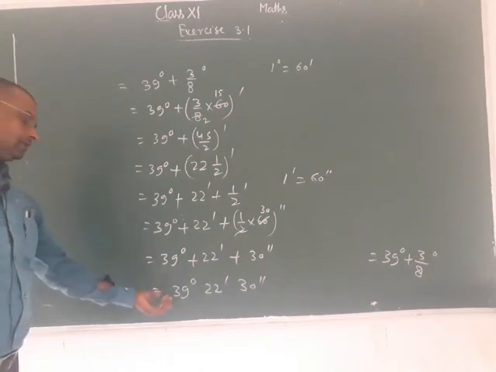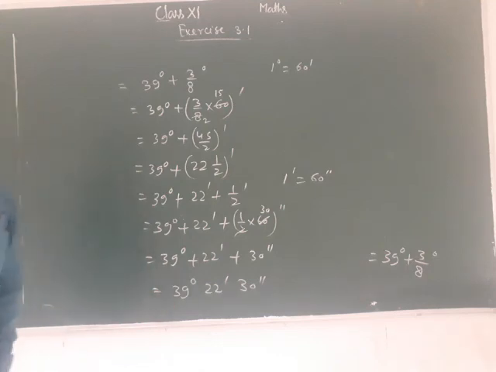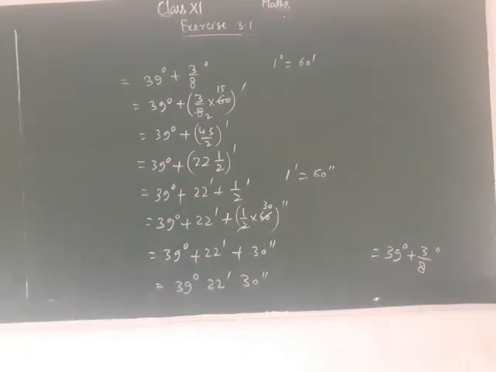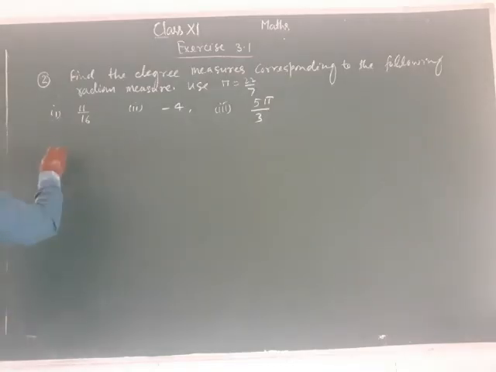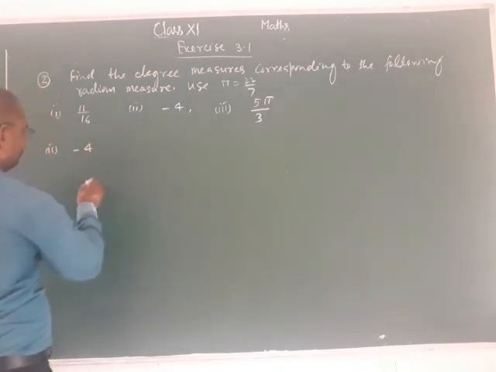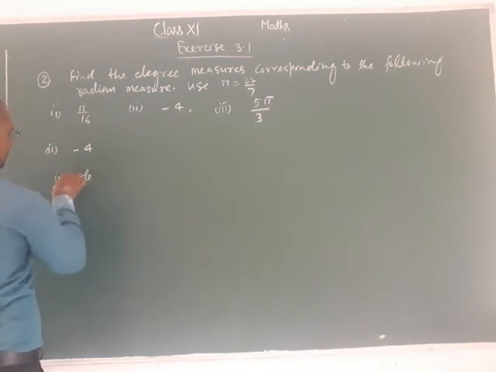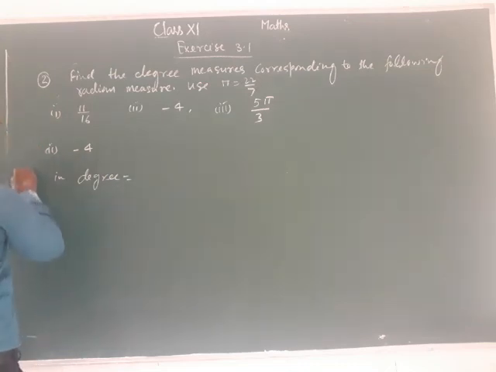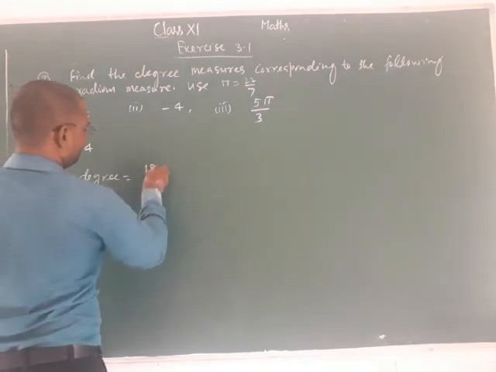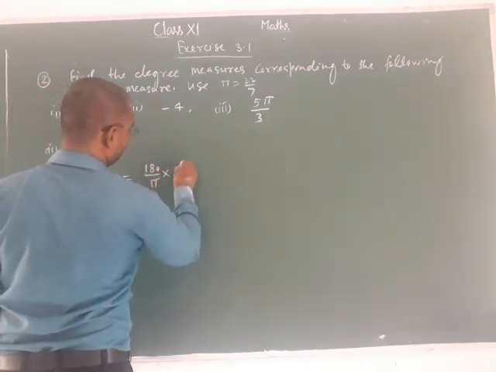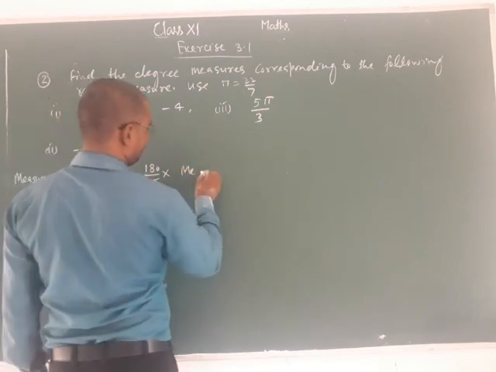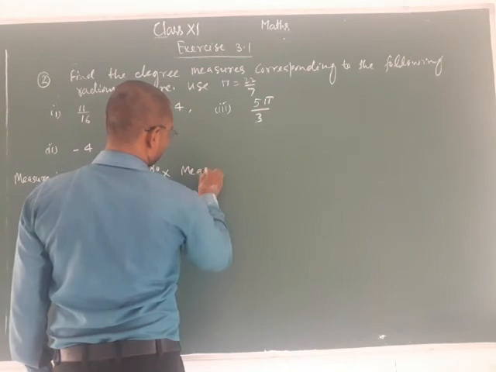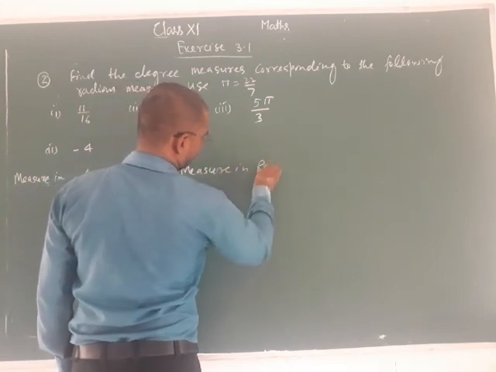Now change into degree, minute and second the second part, minus 4 radian. Measure in degree is equal to 180 upon pi into measure in radian.